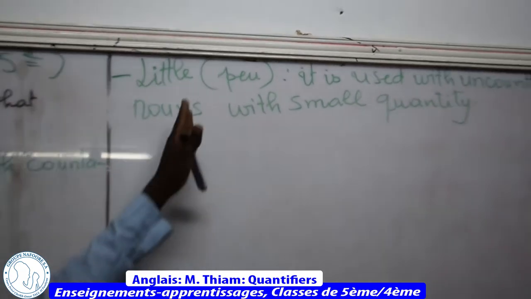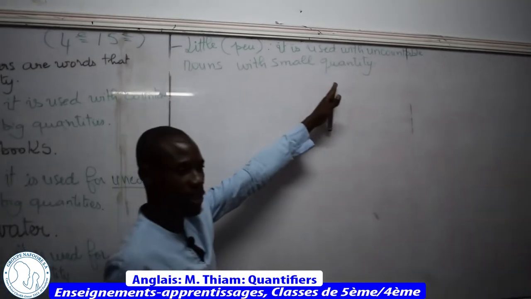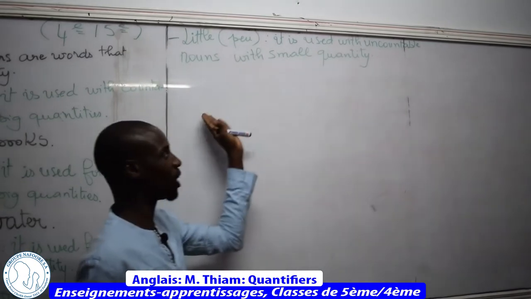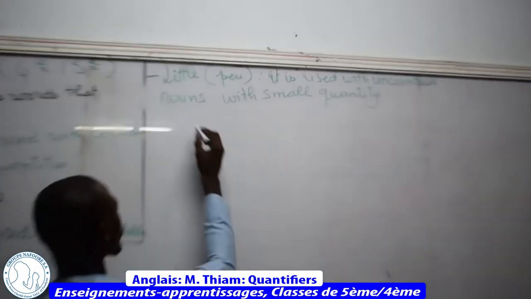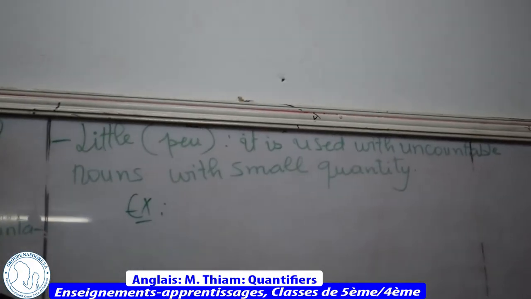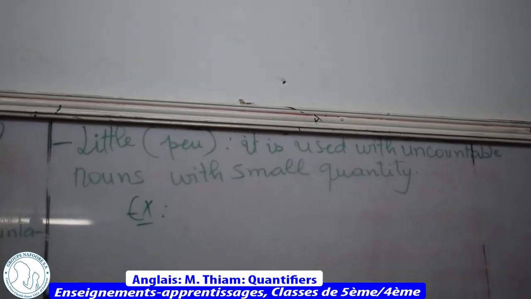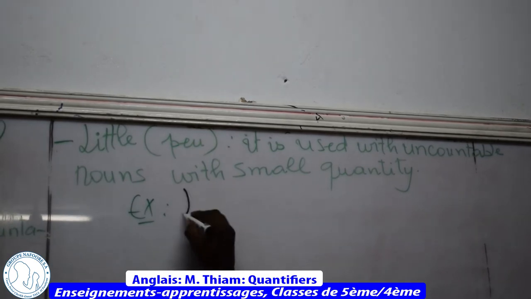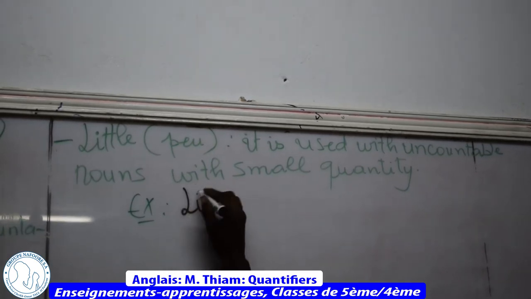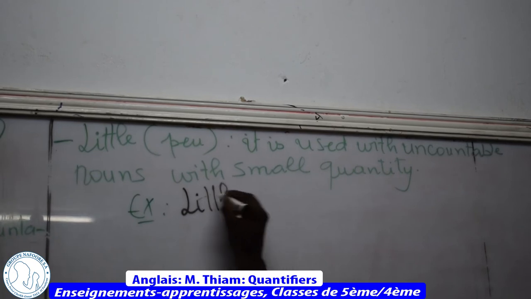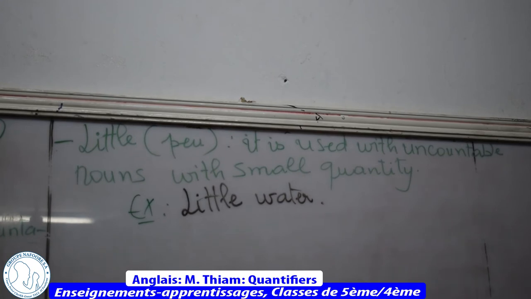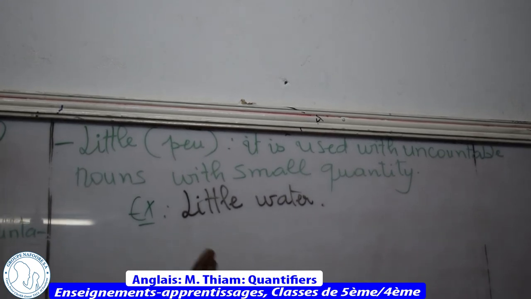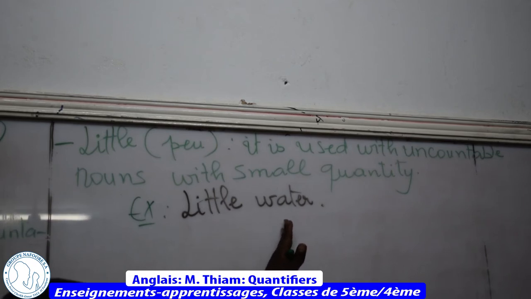Little, peu in French, it is used with uncountable noun with a small quantity. For example, we can say little water. It is always used with uncountable noun with small quantity, right?